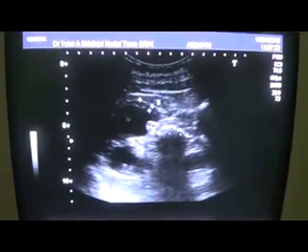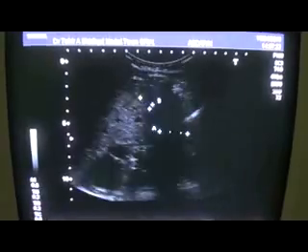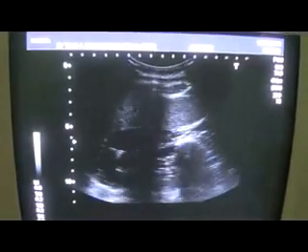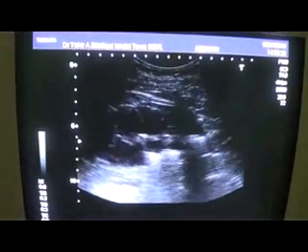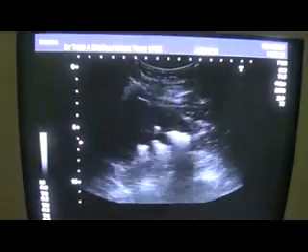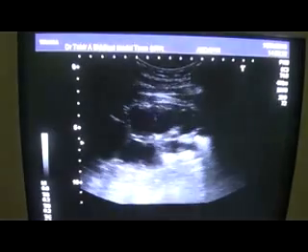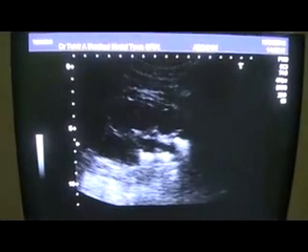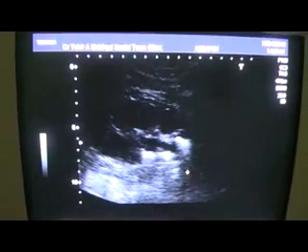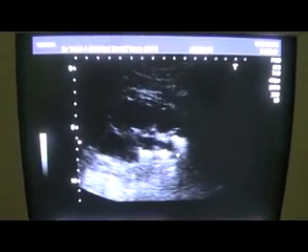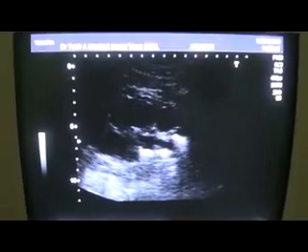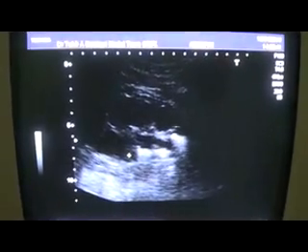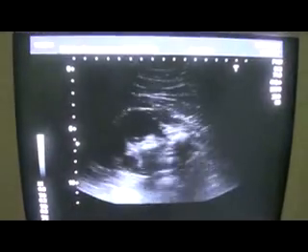So thinned out parenchyma, multiple calculi, and you will see some of them are poorly calcified. One of the reasons to explain why this calculus is giving dirty shadow rather than sharp shadow is that these are presently poorly calcified calculi.